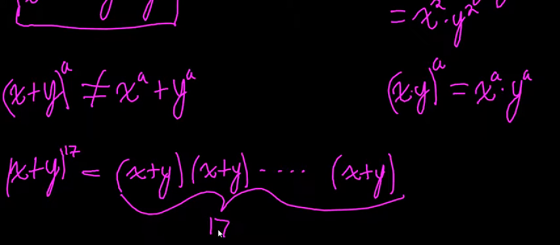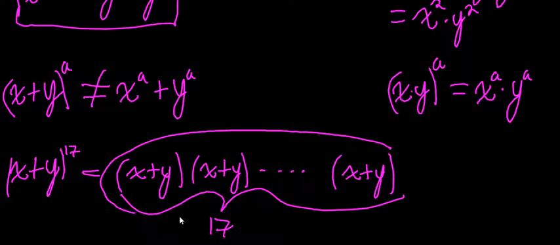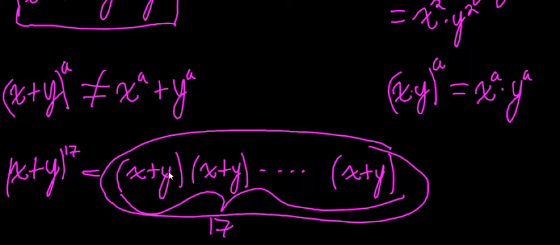We would have to FOIL each of these, or you could use the binomial theorem. Check out our video on the binomial theorem. But this does not necessarily simplify to this right here.